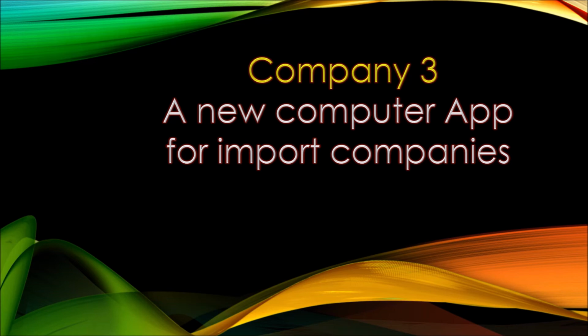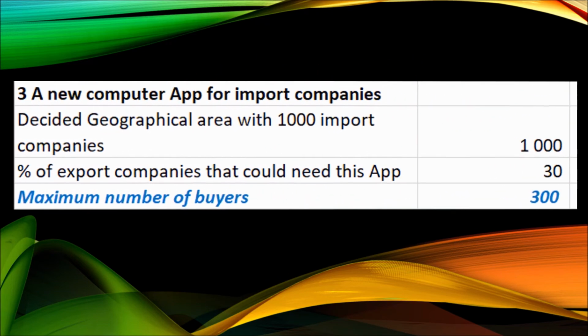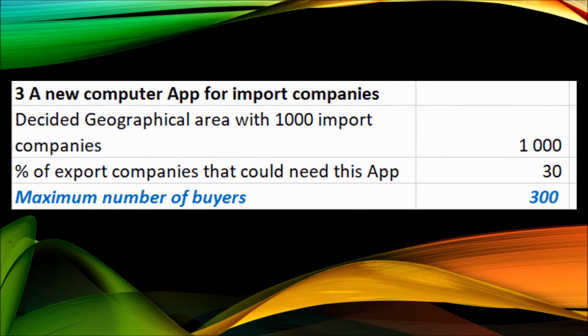So here we have this company developing apps for importers. In this area we have 1,000 import companies, and the percentage of them who could need this is 30%, which means that we have a maximum number of buyers of 300. So this figure is what we will calculate from in the future.